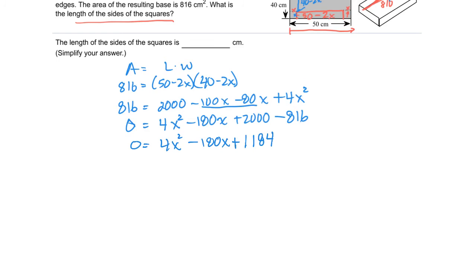Now, I think 4 will divide into all of that. I'm hoping it does. Let's just divide everything by 4, just to make it a little bit easier on the factoring.